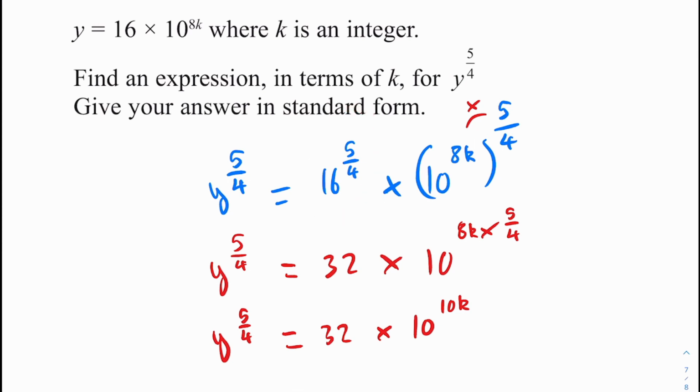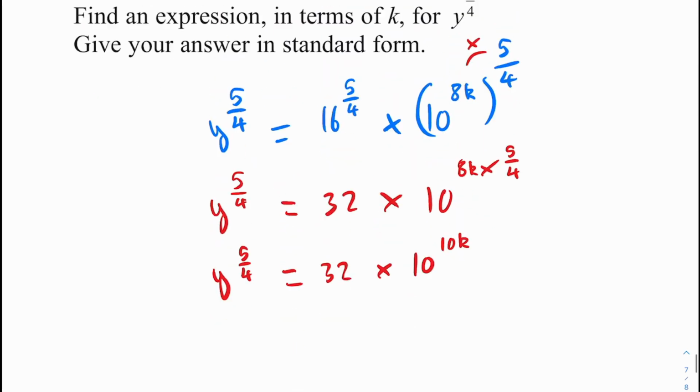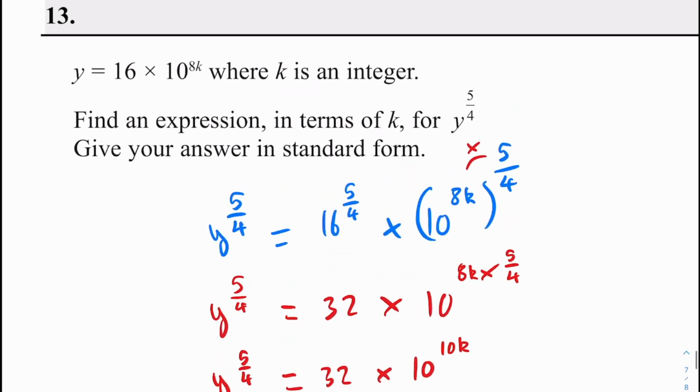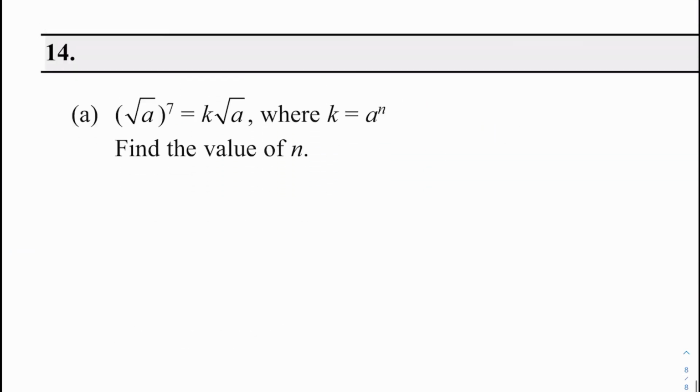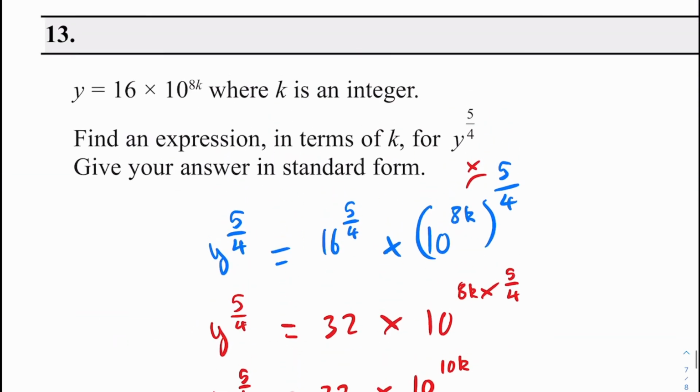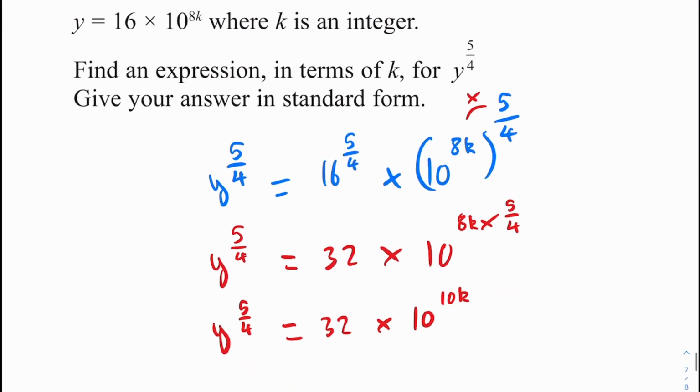And that's how we've gone about it, giving our expression in terms of k for y to the power of 5 over 4. I'm pretty sure that's right. We've just used our instinct here because it's a very strange question. I'll go over this at the end of the video, which is going to be pretty soon, and if it's not right, I'll correct it.